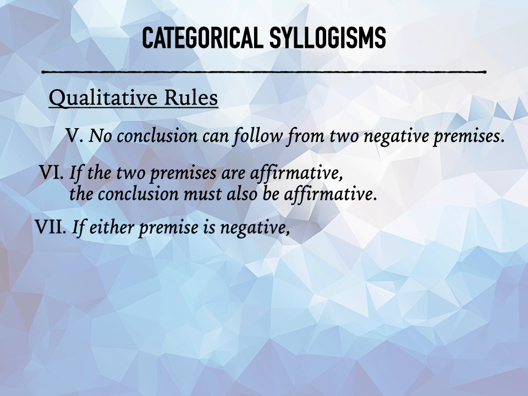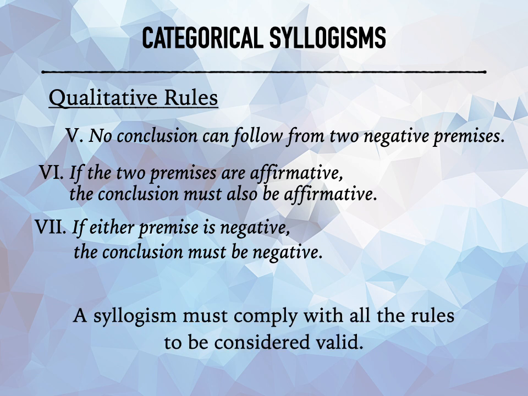And finally, number 7, if either premise is negative, the conclusion must be negative. And a syllogism must comply with all the rules to be considered valid. Again, if you need to pause the video, you can do that now to write down the last 3 of the rules there. But you will need to know all 7 for the test.